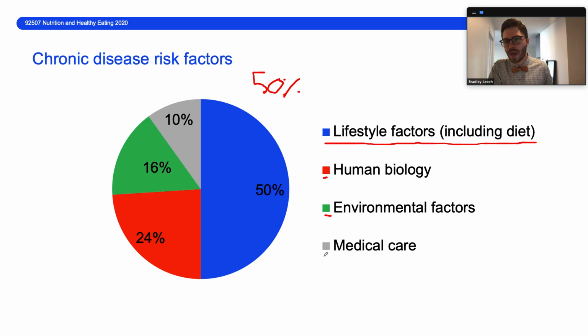Even medical care can be a risk factor for chronic disease. There's a Latin term known as iatrogenic. That is, the illness is caused by the medical examination or treatment, which can actually result in chronic diseases. But the point that I'd like to really stress is that 50% of risk factors are lifestyle factors, which of course includes diet.